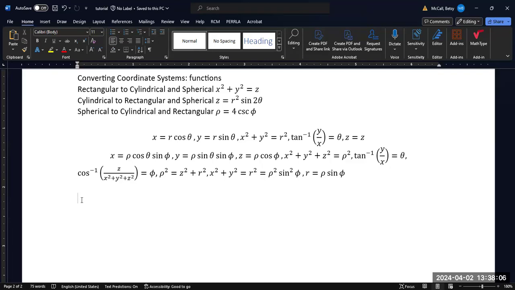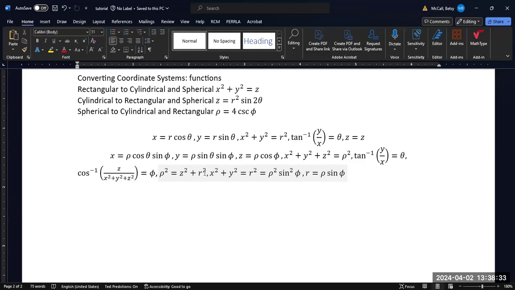So sort of ignore the directionality that they give you, like rectangular to spherical or rectangular to cylindrical, because it's going to depend on whether you're dealing with functions or points, and you're really going to use the opposite ones for the two sets.